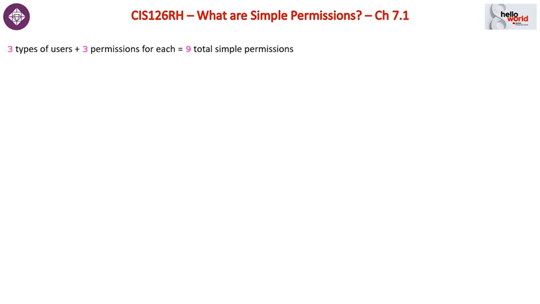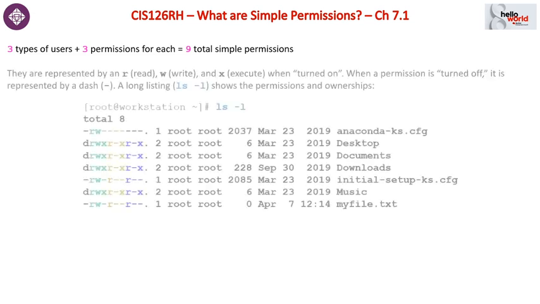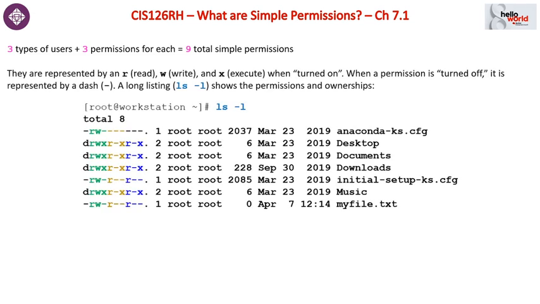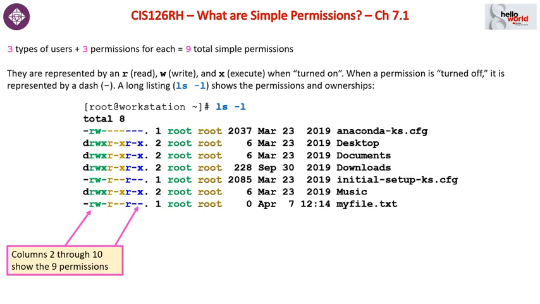We've seen these already in this class, I didn't describe them, I alluded to them a few times. But when we do an ls space -l, it shows the permissions. Now, the permissions are actually columns 2 through 9. They are not column 1.